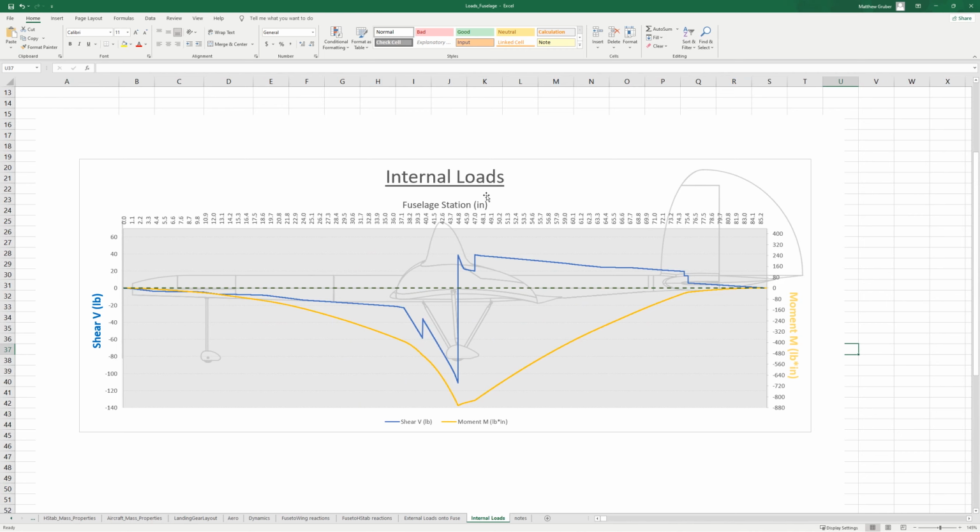This is the shear and bending moment within the fuselage structure due to that maneuver of the 1.1G flare into 4G touchdown of the main gear.